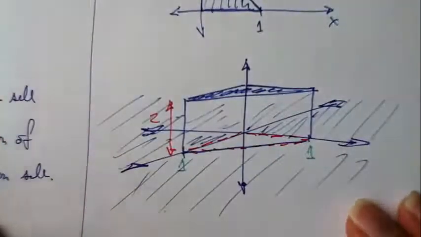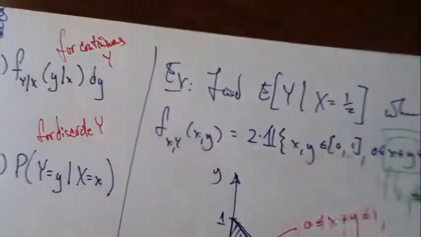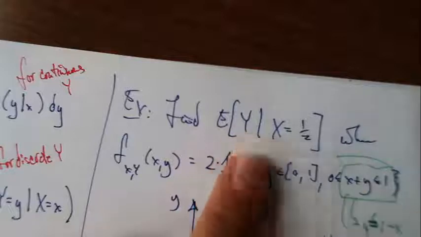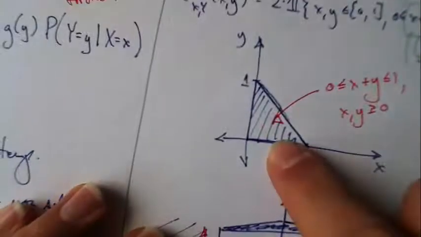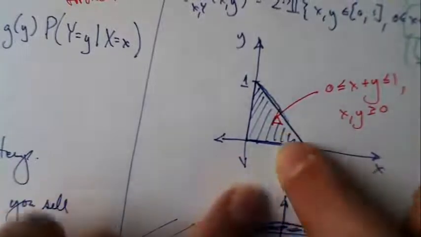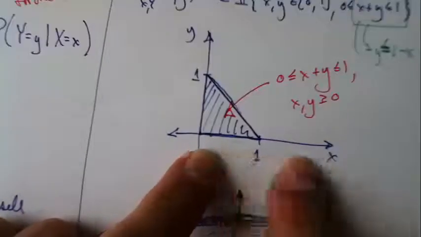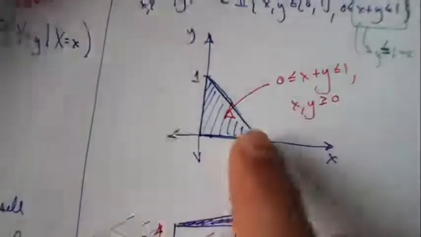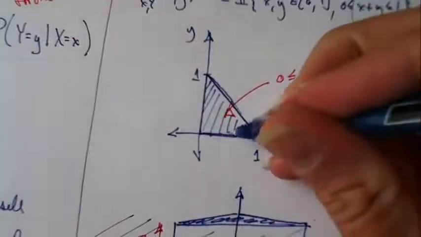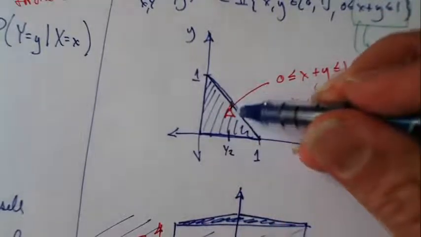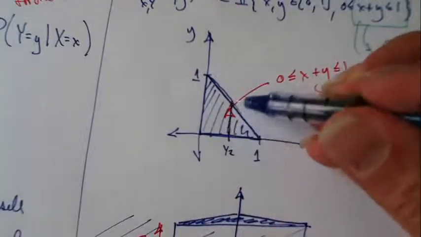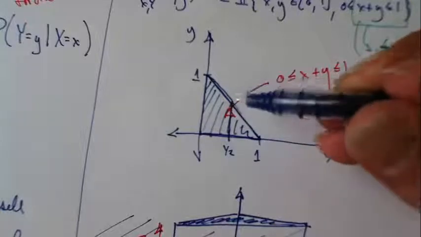So what is it that we want to do here? We want to find the expected value of y given that x equals a half. First of all, let's take a wild guess at it. Here's my x-axis. If x equals a half, meaning that it's right here, then what's the expected value of y? It could be rather complicated if that density function was like a roller coaster, but it's not.